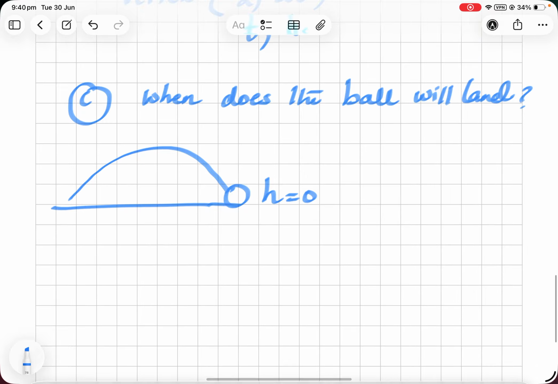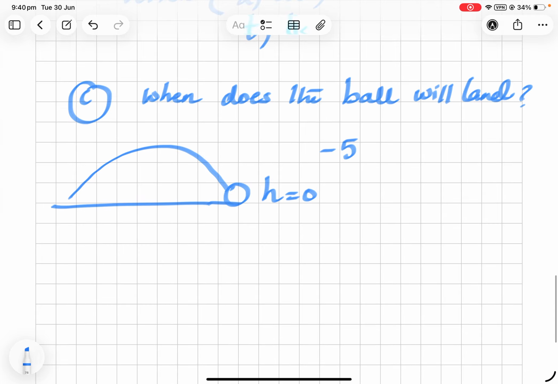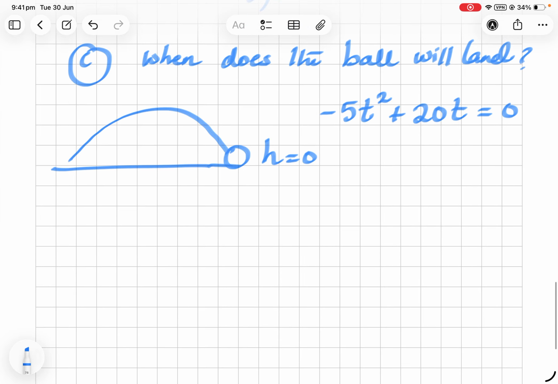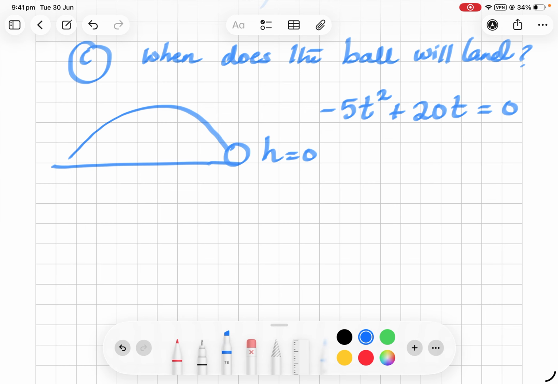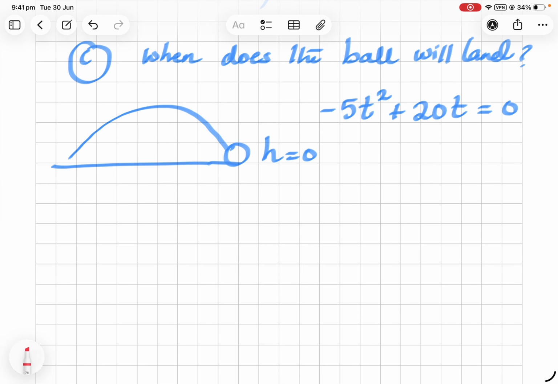So now you're equating your equation, which is negative 5t squared plus 20t, to 0. Okay. Now we can factorize this. I'm going to break it down as much as possible for everybody to learn. This can be negative 5 times t plus 4 times 5 times t equals 0.